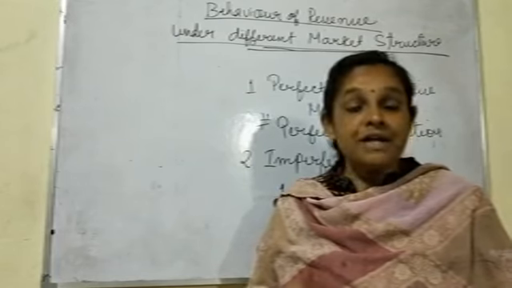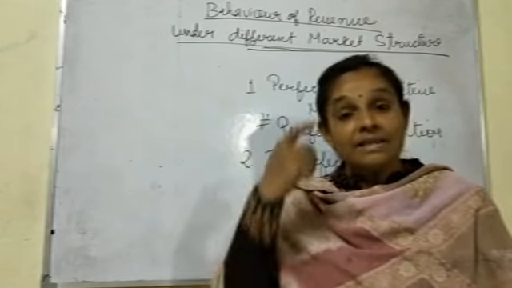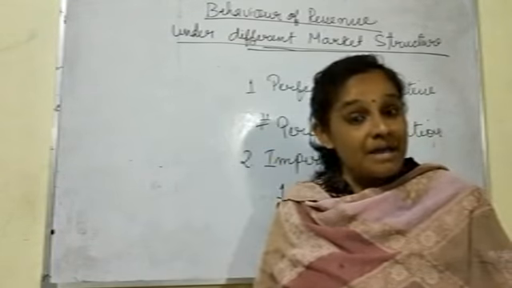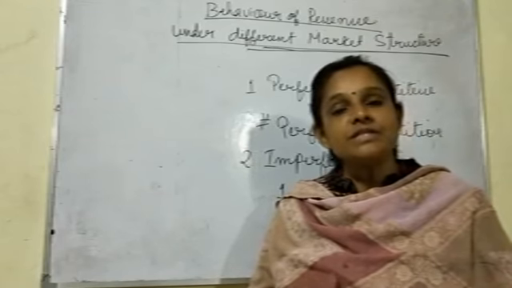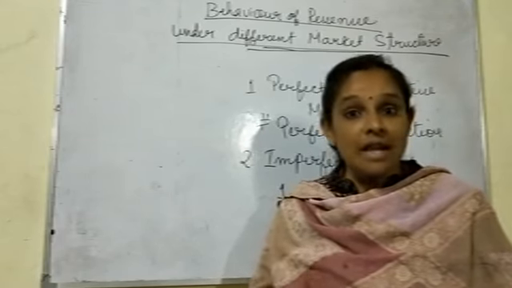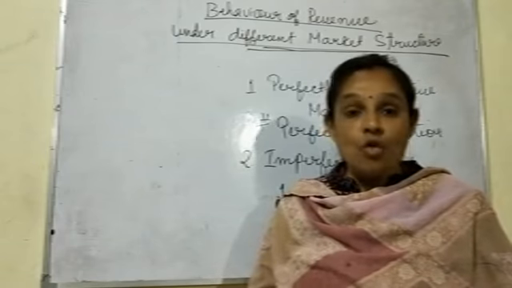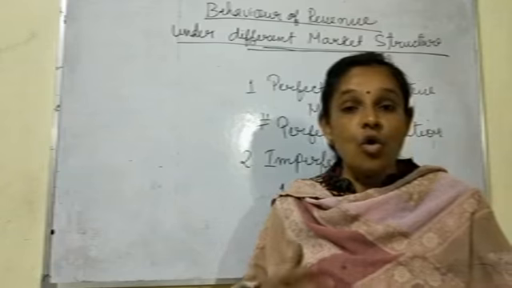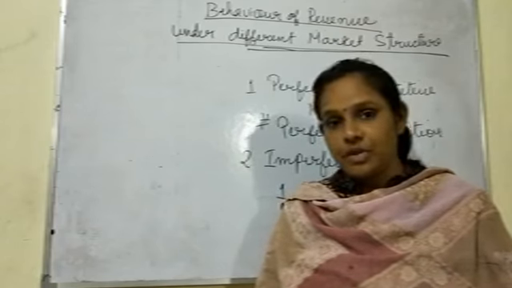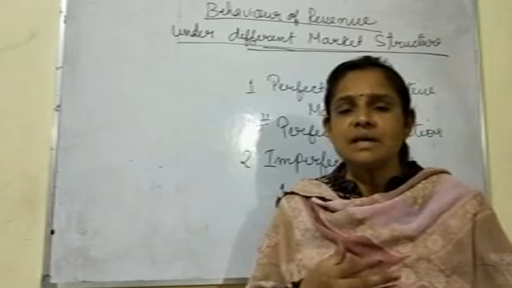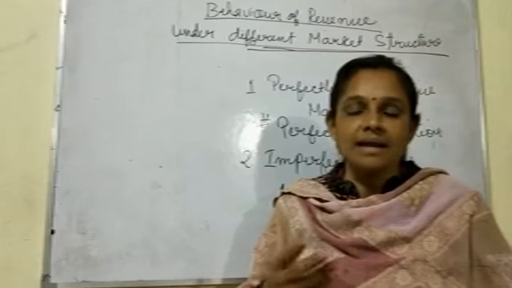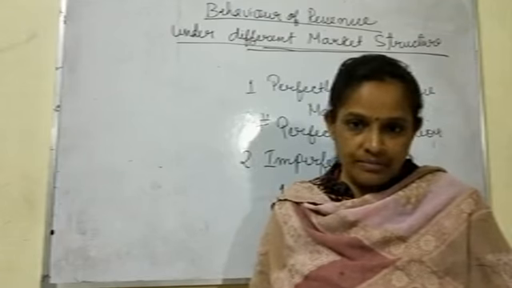First fact, under perfect competition, there are a large number of buyers and a large number of sellers. The number of sellers is large, but each seller is selling a commodity. What is the nature of that commodity? Homogeneous in nature. You know the meaning of homogeneous. Homogeneous means something which is exactly the same, exactly identical to each other.